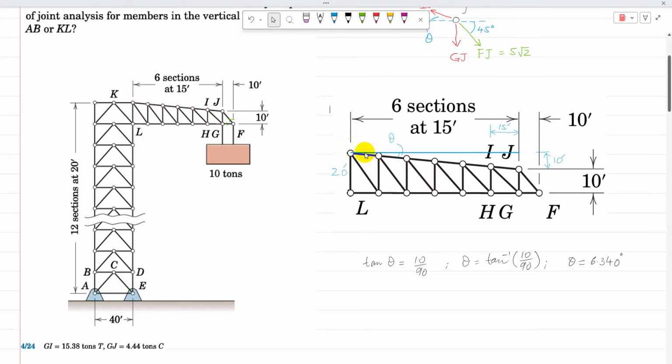So if I find the angle of the whole upper cantilever part, each section is going to make the same angle.